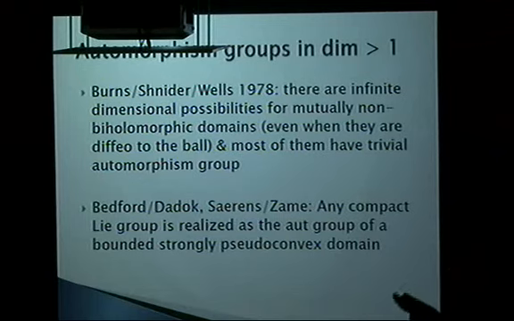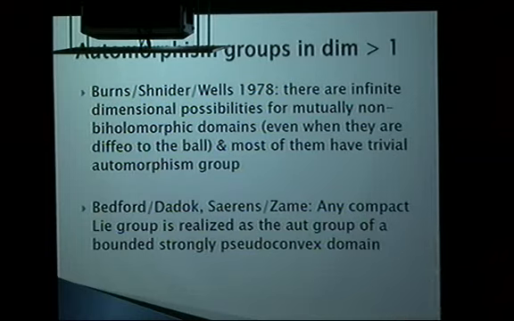But even in complex analysis, if you think about the domains that are very close to the ball, approximations of the ball, that's strongly pseudo-convex, as Howard said in the previous lecture. Strongly pseudo-convex domain. And this famous paper says many things.